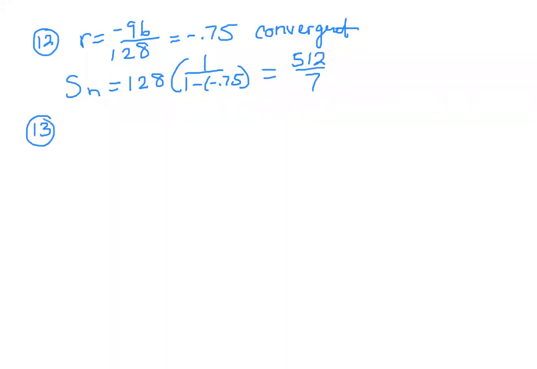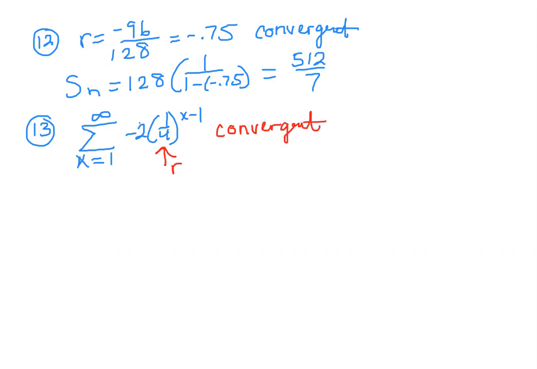Number 13 is a summation notation. So we got x equals 1 to infinity of -2 times 1/4 to the x minus 1. So there's our R right there. It's less than 1, so this is convergent. And we can say Sn equals, there's A1, -2 times 1 over 1 minus 1/4, and that equals negative 8/3.